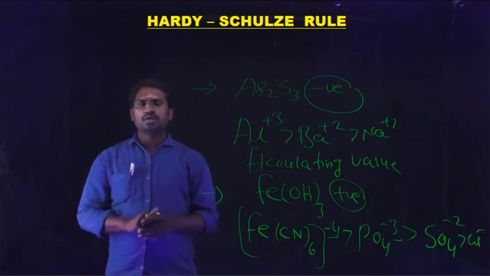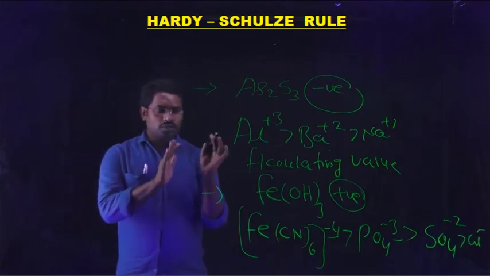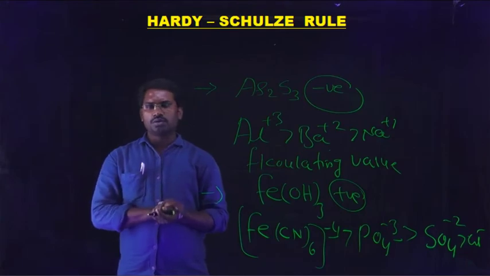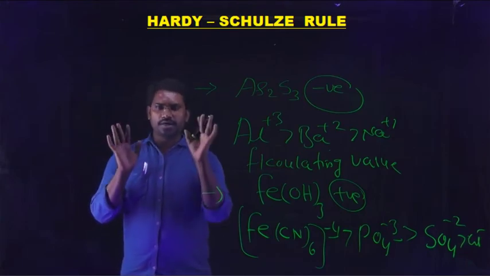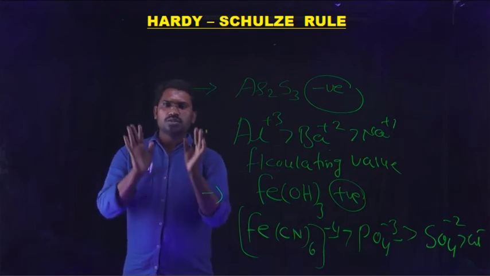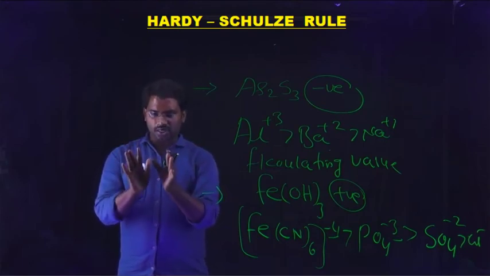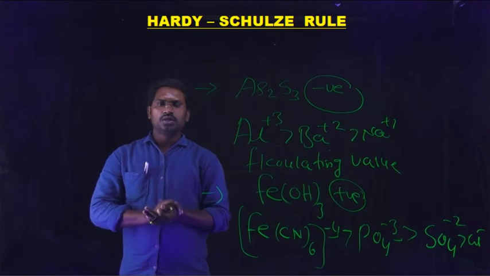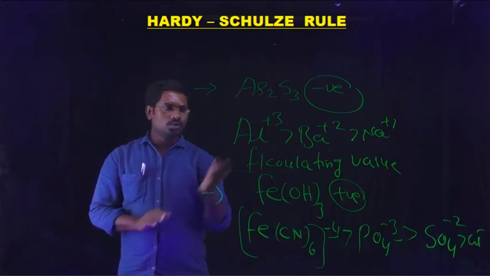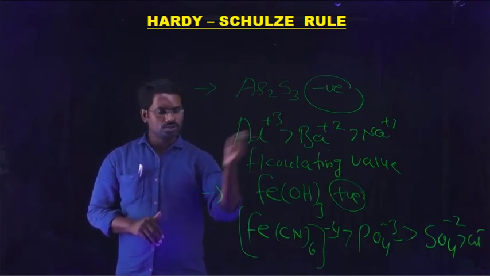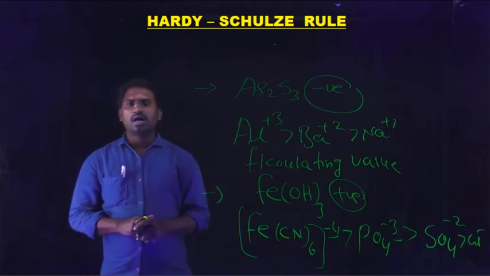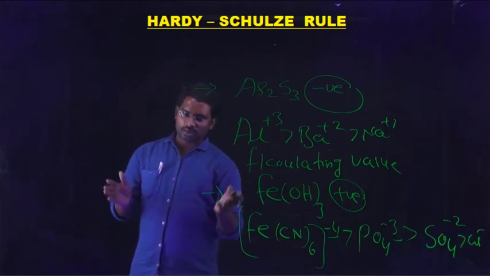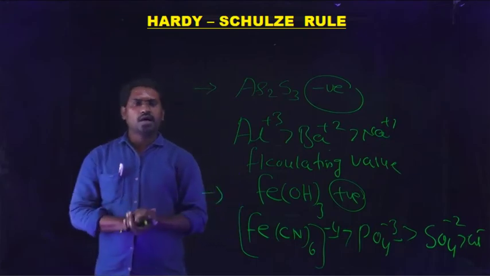Therefore, Hardy and Schulze concluded that for the coagulation of a given colloidal solution, if you are adding either positively charged species or negatively charged species, the species having the higher charge, either positive or negative, has more coagulating value. Simply, this is known as the Hardy-Schulze rule.